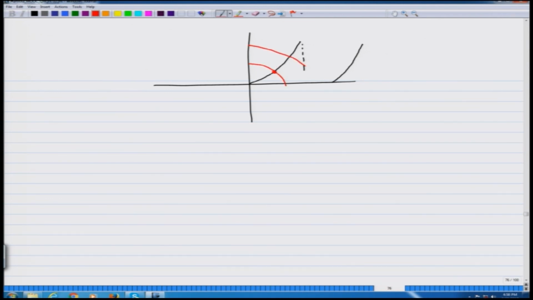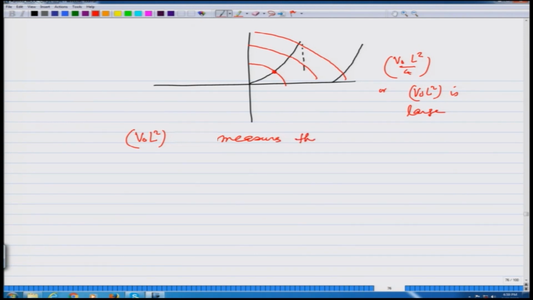The other solution comes only if V naught L square by 4 or V naught L square is large. So, sometimes you also say that V naught L square measures the strength of the potential.